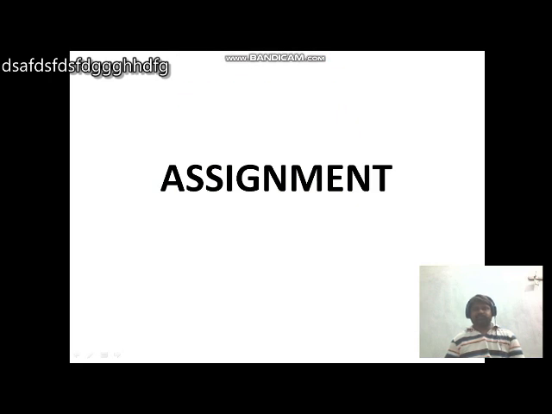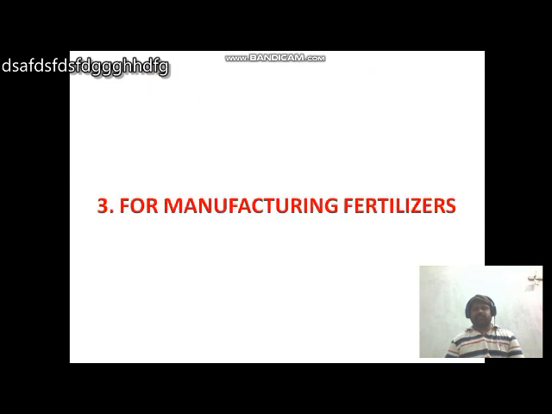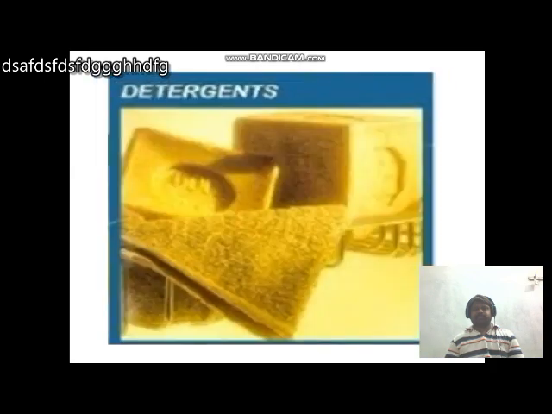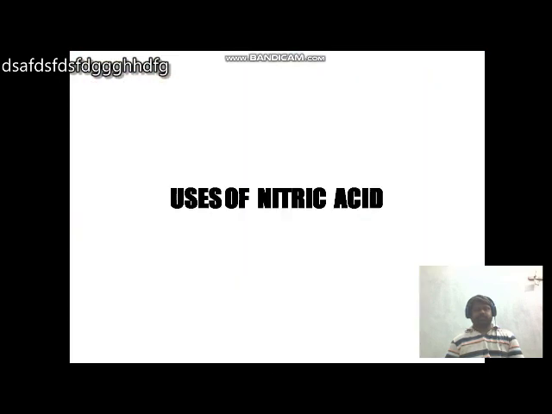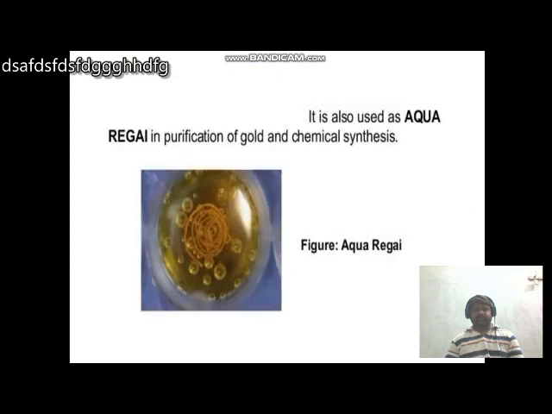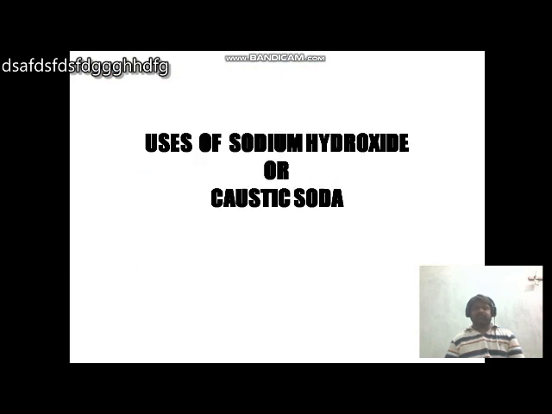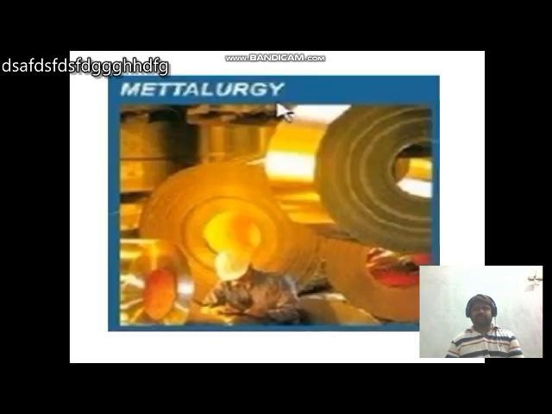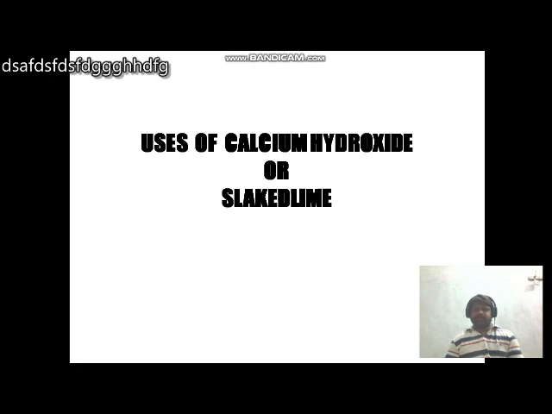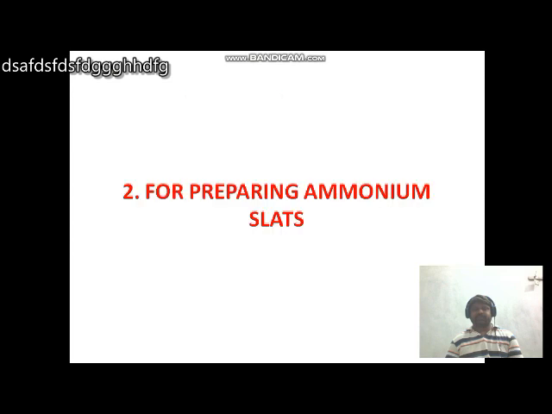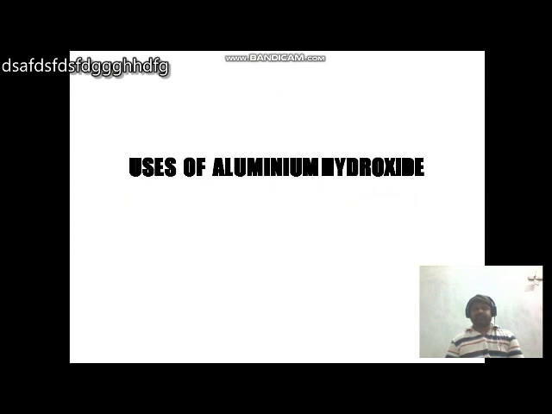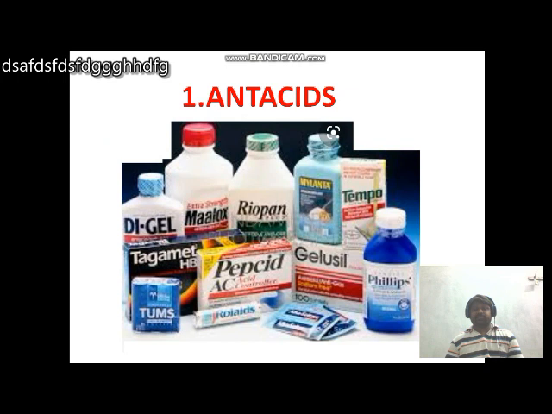Okay, today's assignment. Today we discussed the uses of nitric acid, and after that the uses of bases. In bases we discussed the uses of sodium hydroxide or caustic soda, the uses of calcium hydroxide as slaked lime, the uses of ammonium hydroxide, the uses of aluminum hydroxide, and finally the uses of magnesium hydroxide.